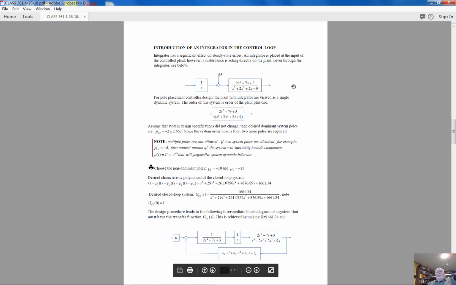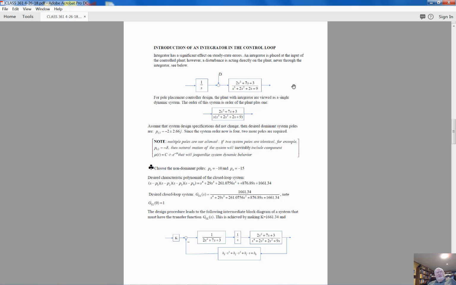Next I want to discuss with you the introduction of an integrator in the control loop. The integrator is a very powerful tool for manipulation of steady state errors.